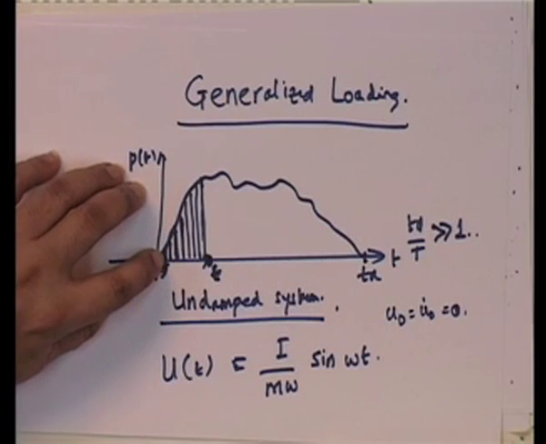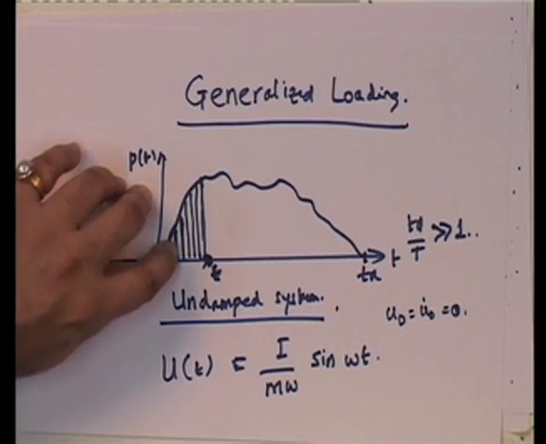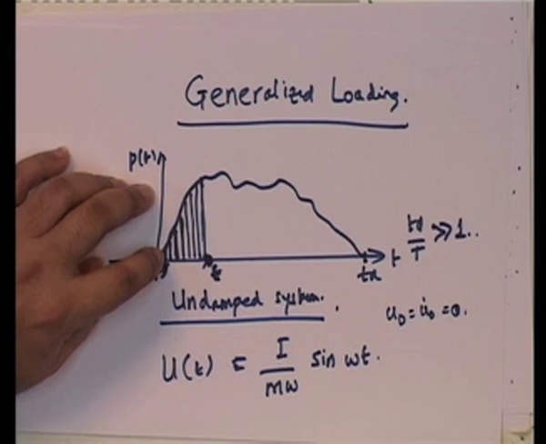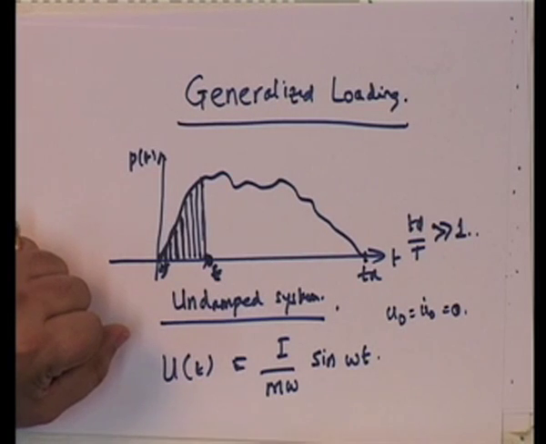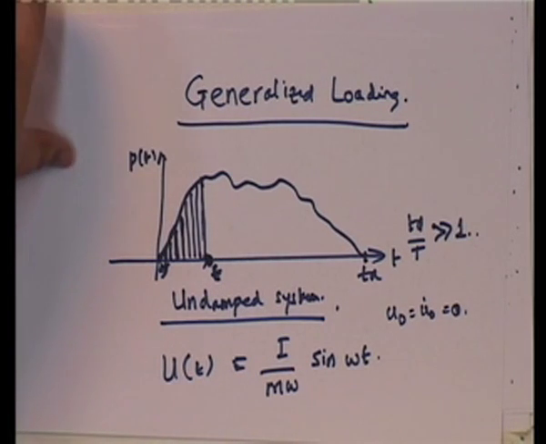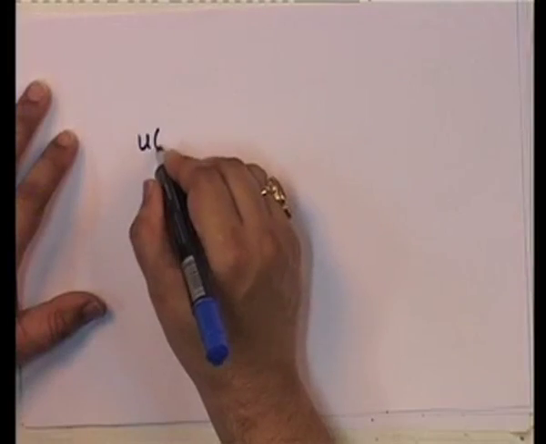In other words, since the system is linear, I can assume that these trains over here are each a separate load, and I could find out the response to each load, and then I could superpose the loading.